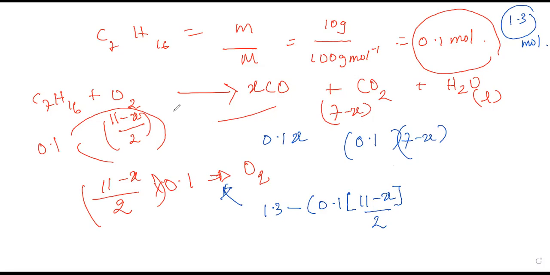Have you all understood? So this is the equation, and from the equation you can balance. Since we have taken this as 0.1, all things should be multiplied by 0.1. That should be your reactant. At the end of the reaction we have used 1.3 moles of oxygen.